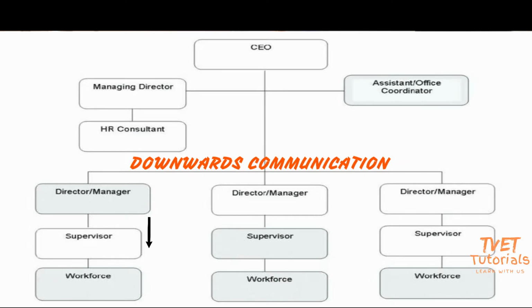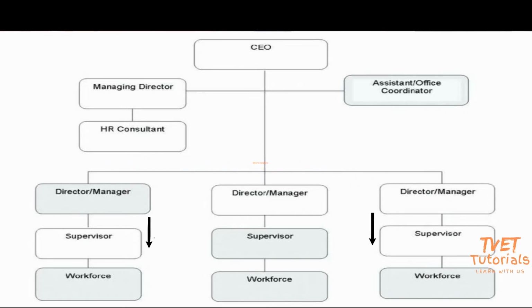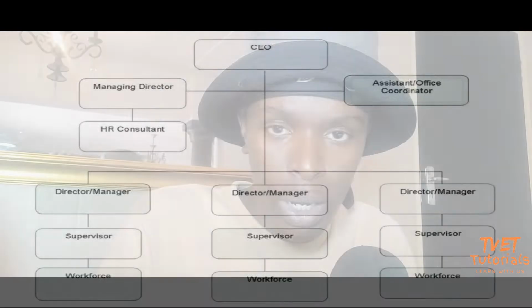It takes that to the next level on the organogram, maybe to the supervisors, and then the supervisors will oversee that the employees are actually upholding that decision that was taken by the CEO. If there are any concerns, then the communication structure also works the same way. There needs to be downwards communication, also upwards communication on the organogram.